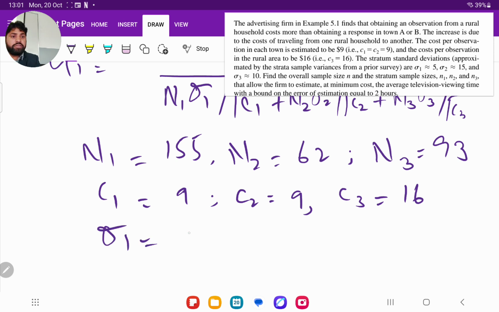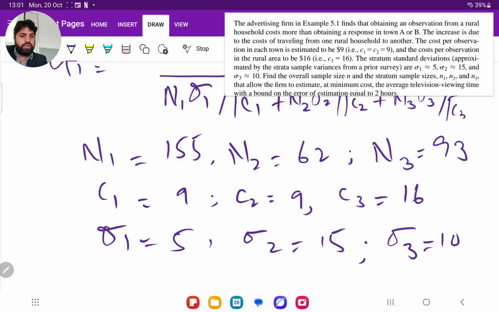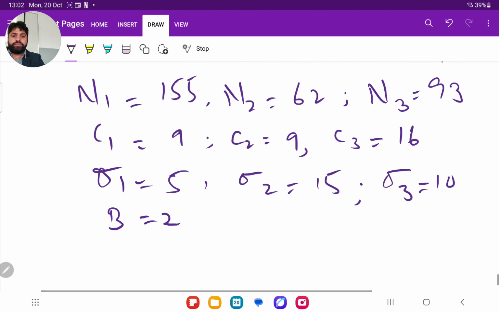Sigma 1 is 5, sigma 2 is 15, and sigma 3 is 10. And the bound on error of estimation B is equal to 2. Okay, so all the data have been taken.